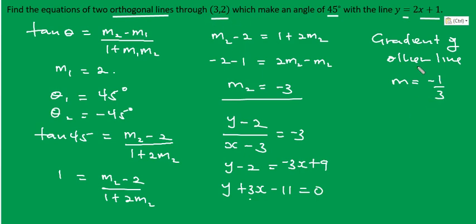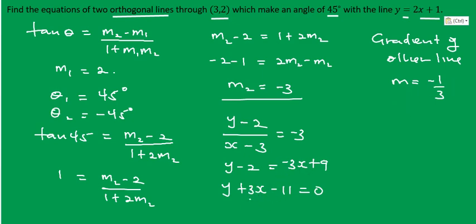If I don't want to use the negative 45 to get its gradient, I know the lines are orthogonal, I can just use the gradient of this line.